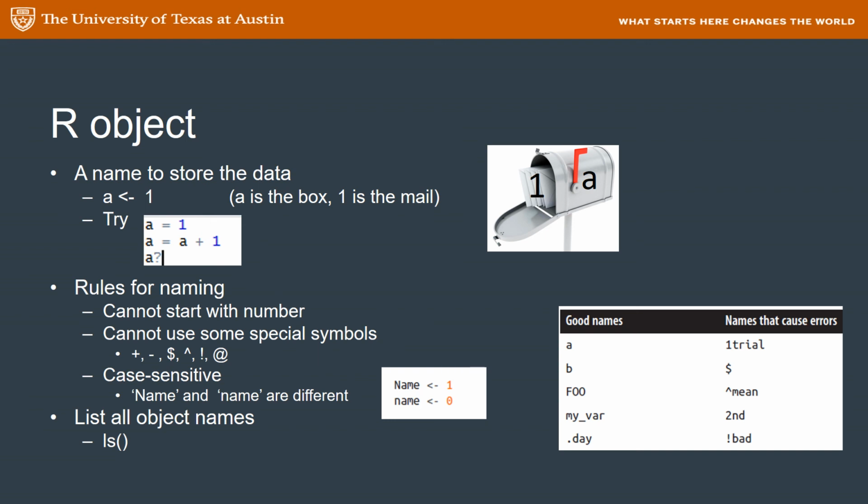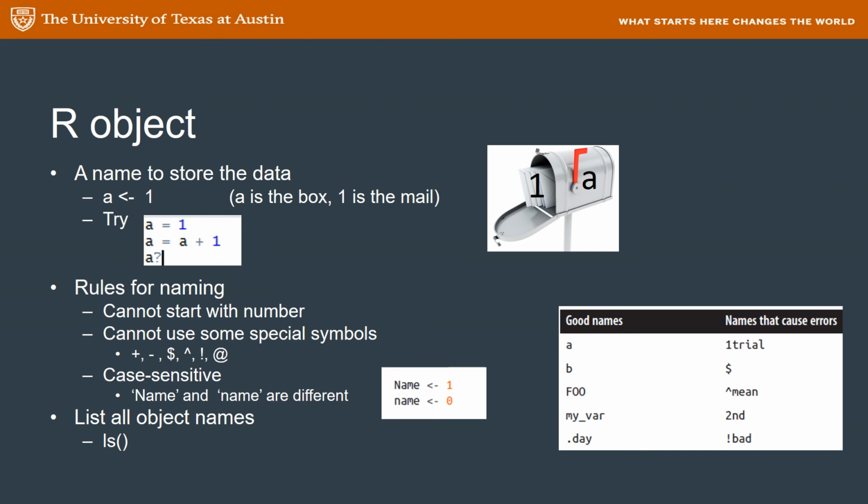Okay, the last thing is a very handy command. If you define many variables, many objects, how do you know what they are? You can list all the object names by typing ls parentheses.